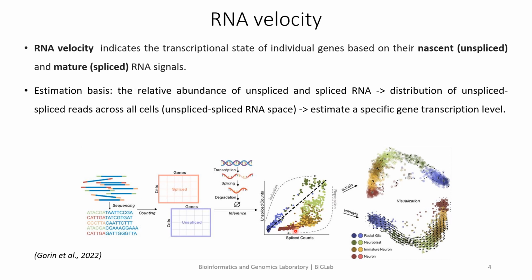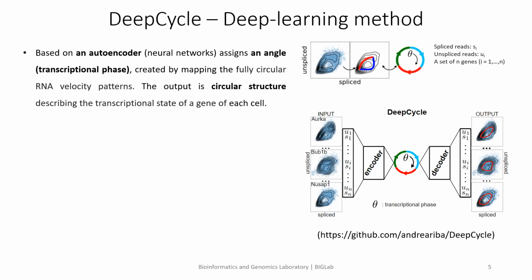In this study, the output of RNA velocity is used as the input for the deep learning method called Deep Cycle. And thanks to the big data created from RNA velocity, a deep learning approach could be a good strategy to gain deep insight into gene regulation of cells, and to analyze the full circular RNA velocity pattern of different cell types with high performance in different cell phases.